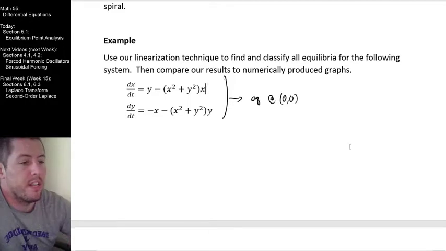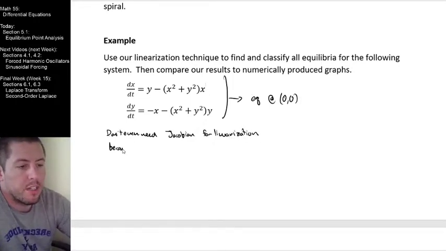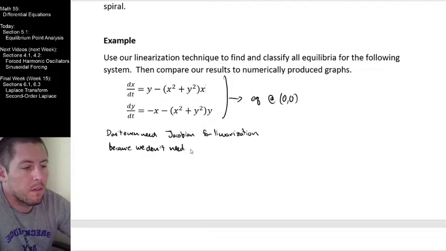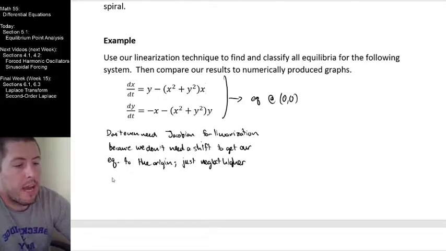So we should also further notice that for the linearization, I don't even need the Jacobian, because we don't need to shift any origin. Let's just go ahead and neglect higher order terms.